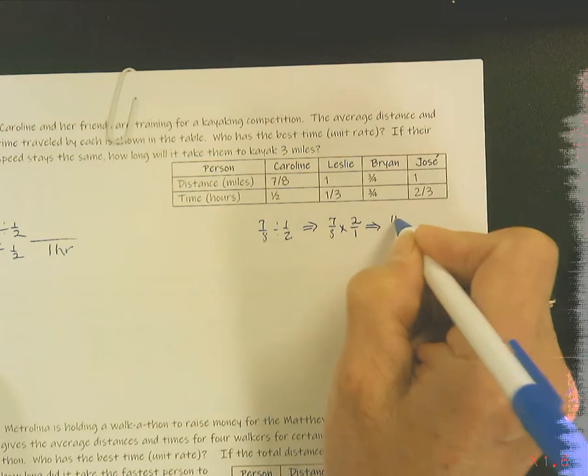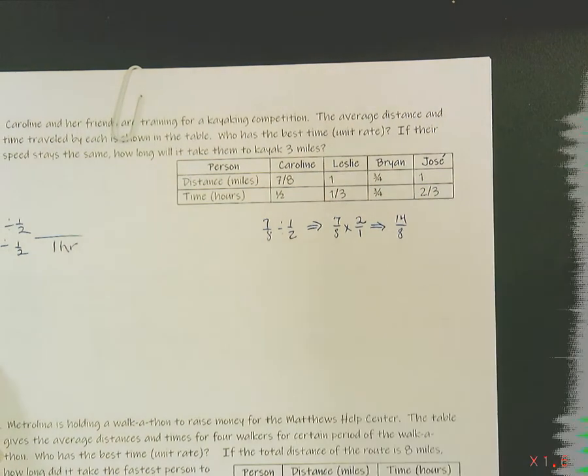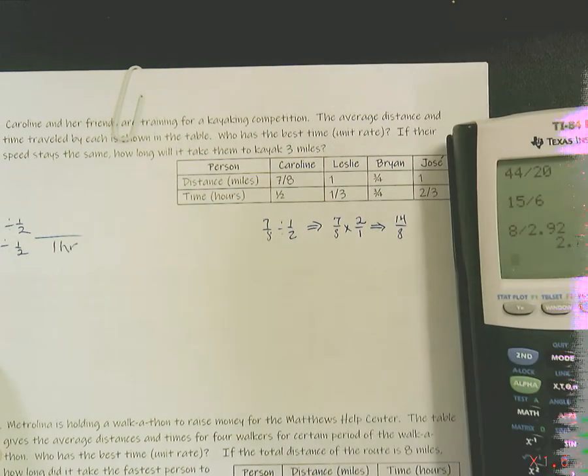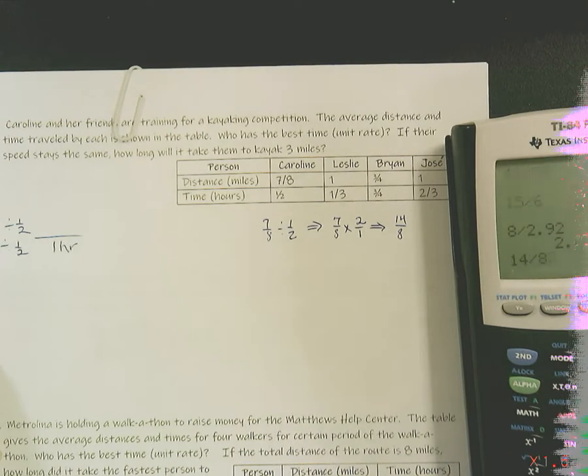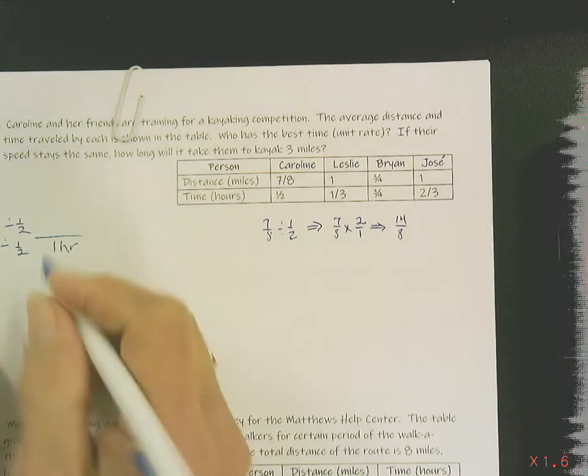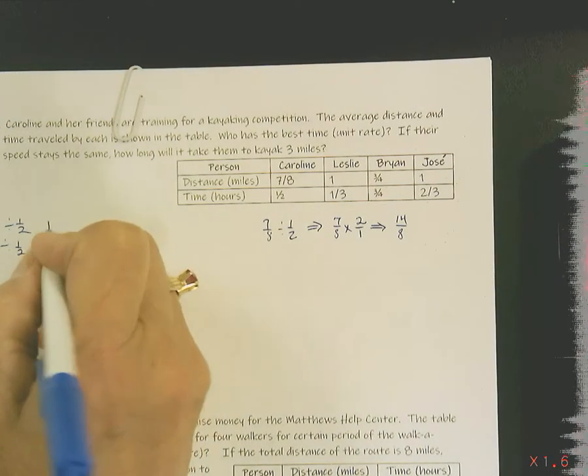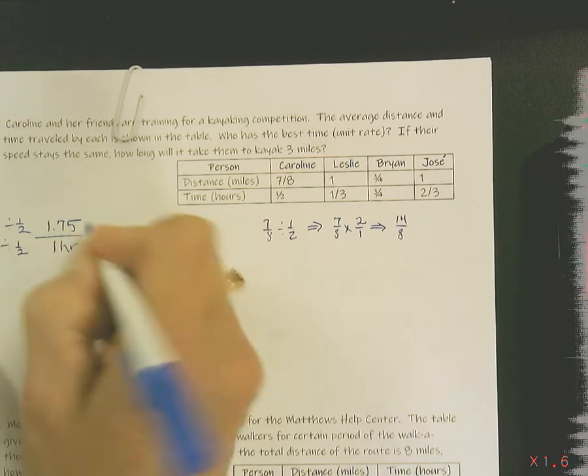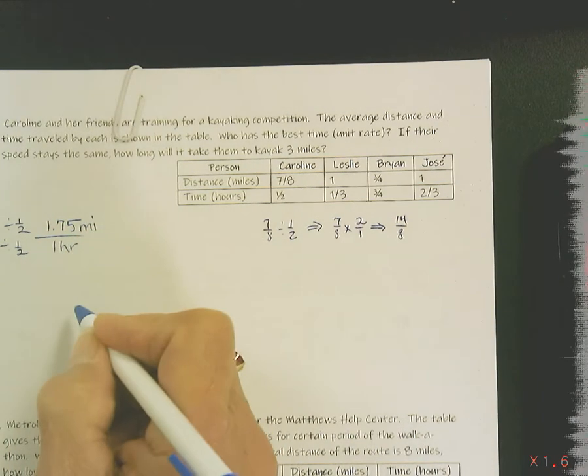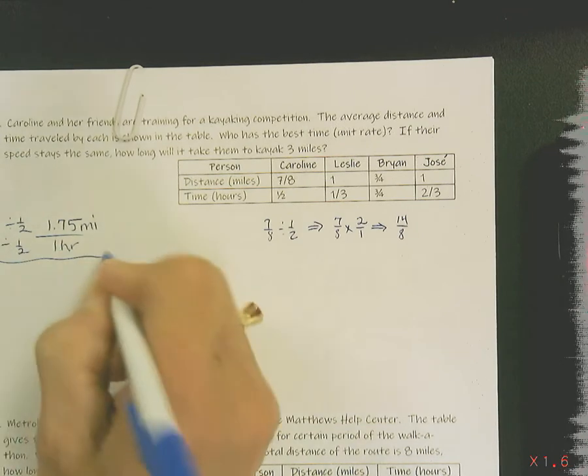That gives us 14/8. And 14 divided by 8 is 1.75. So Caroline is going 1.75 miles per hour.